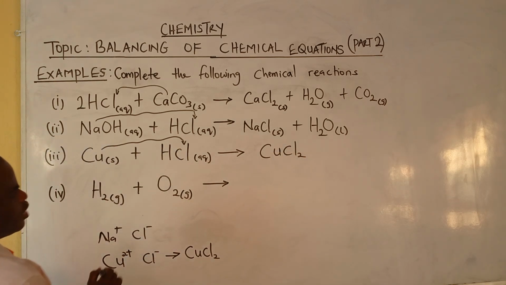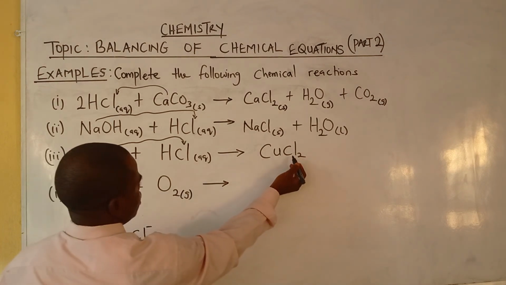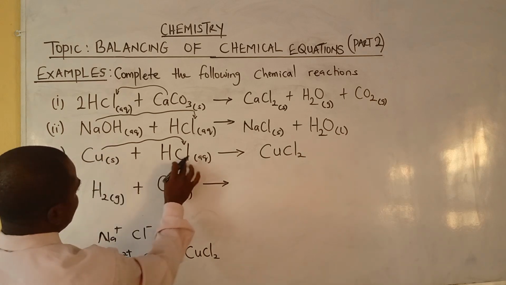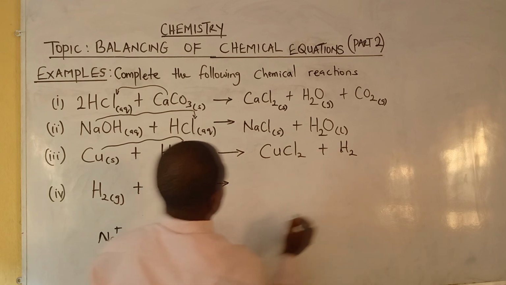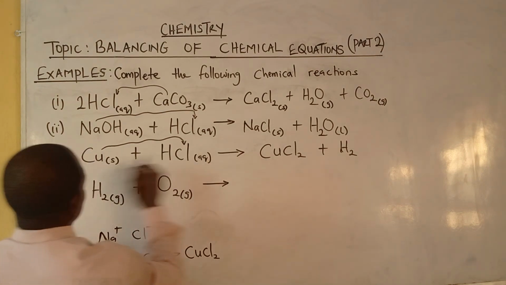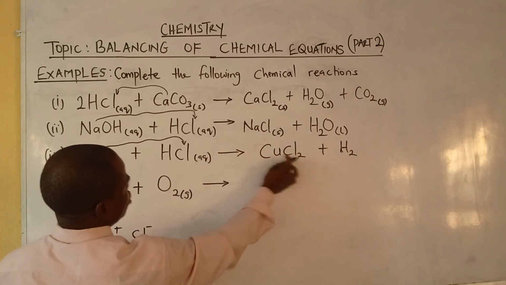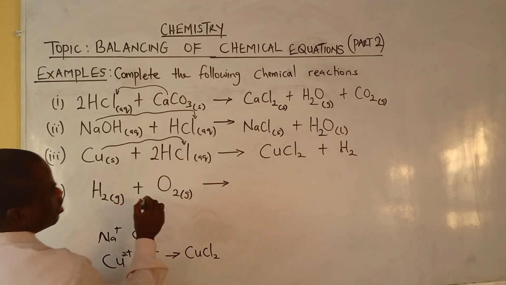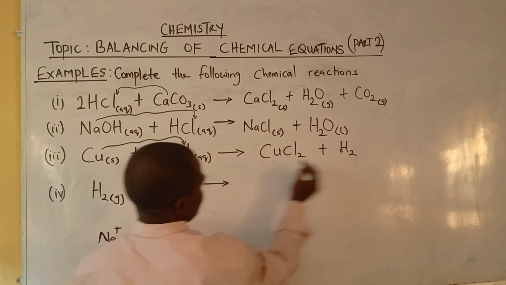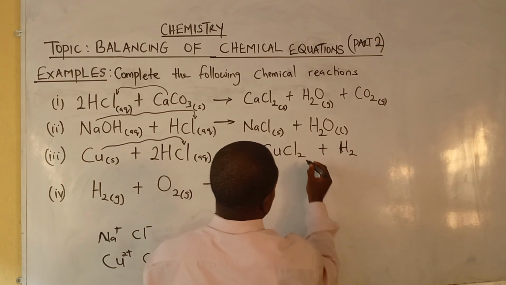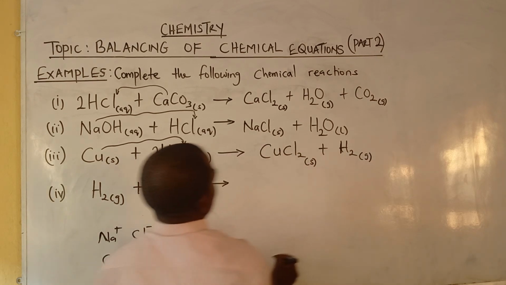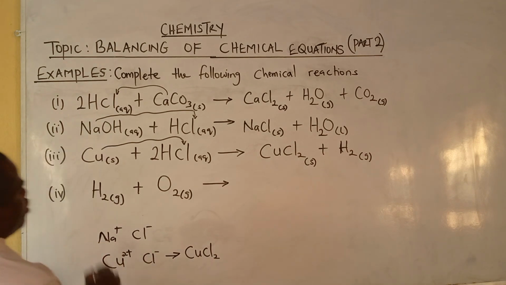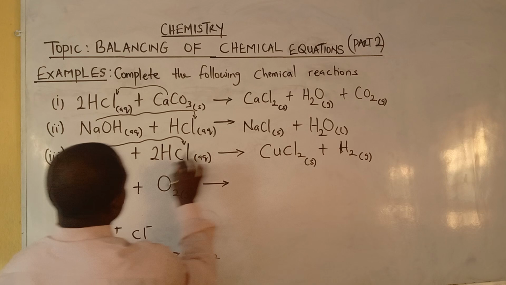Okay, how many chlorine? We have not finished. Copper 2 chloride plus hydrogen molecule H2. How many copper? One copper. How many chlorine? 2. Add your 2 here to balance it. You have added 2 here already. Solid, gas.